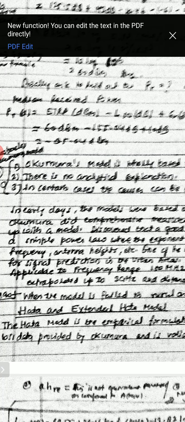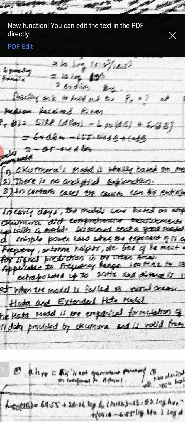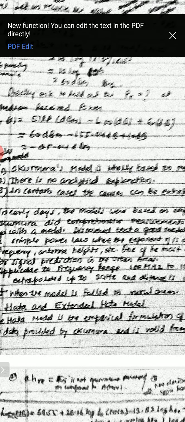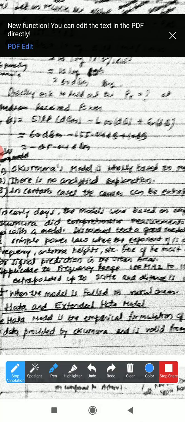Actually, there is some drawback in the Okumura model, and this drawback is that it is not based on a rural area. So the correction is made here only for urban area and suburban area.